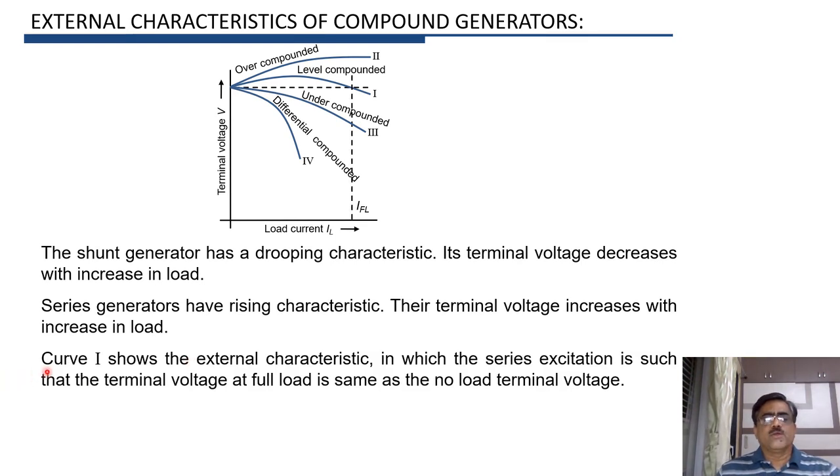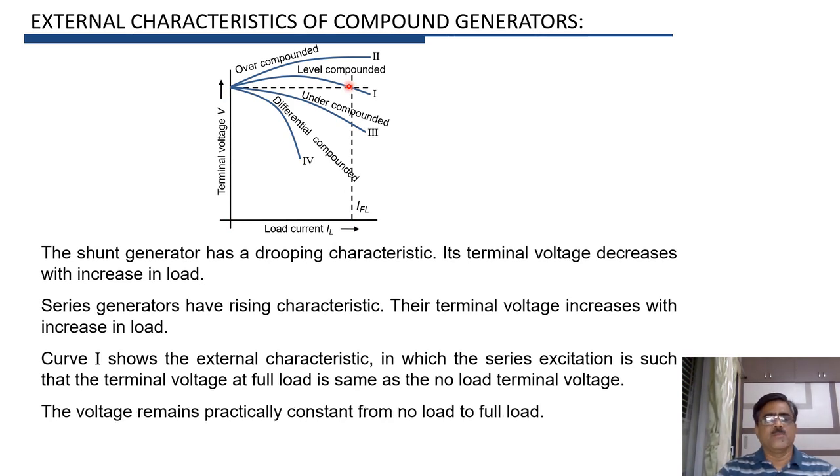So here you can see curve 1. This curve 1 is one external characteristic in which series excitation is adjusted such that the terminal voltage at no load is equal to the terminal voltage at full load. So here you can see that the terminal voltage at no load and terminal voltage at full load, both the voltages are same.